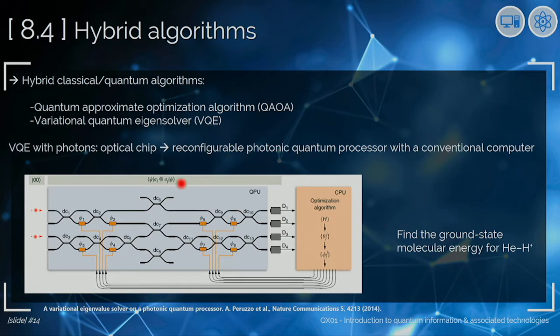I gave an example here, just to show you an implementation of the VQE, where they mix classical optimization and quantum optimization. They have the initial state, with single photons coming in, state 0, 0. Then they have an optical chip, which we've seen before, with all these beam splitters and interferometers.